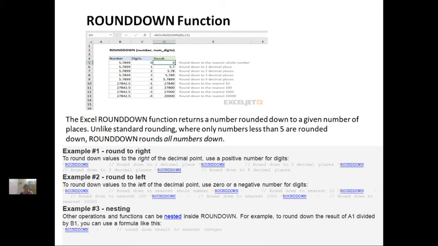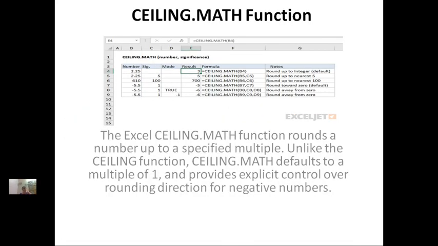Now let us go to the next slide, ceiling math function. The Excel ceiling math function rounds a number up to a specified multiple. Unlike the ceiling function, ceiling math defaults to a multiple of 1 and provides explicit control over rounding direction for negative numbers. There is an example shown on the top of the sheet: number 2.25, significance nothing, mode nothing, result 3, rounded up to integer.